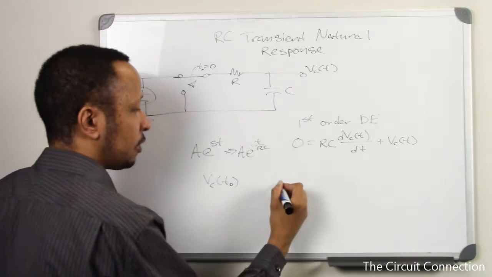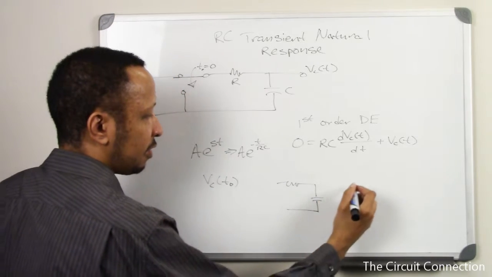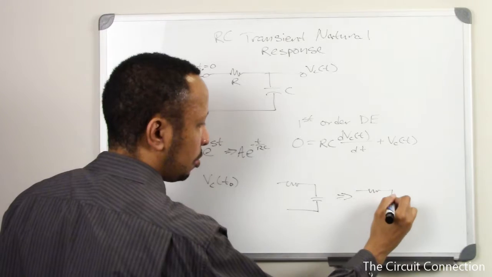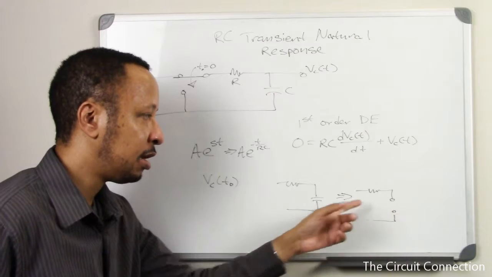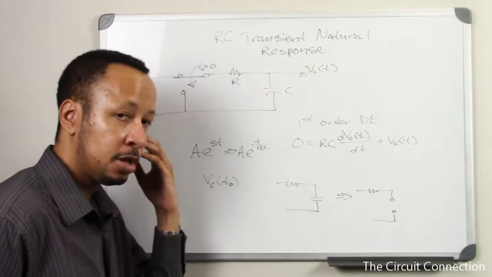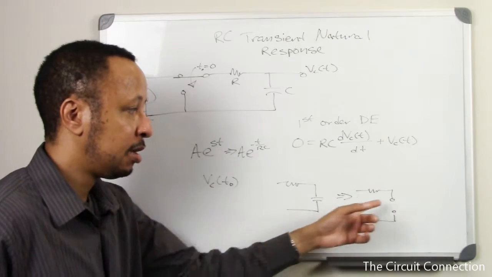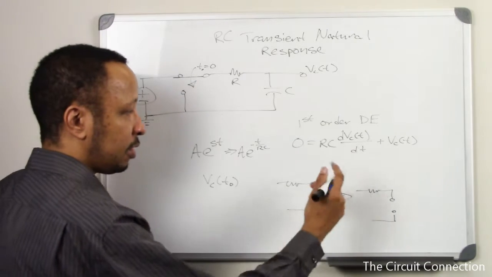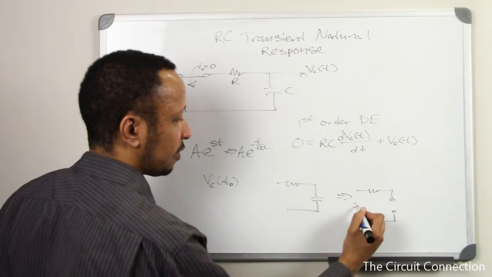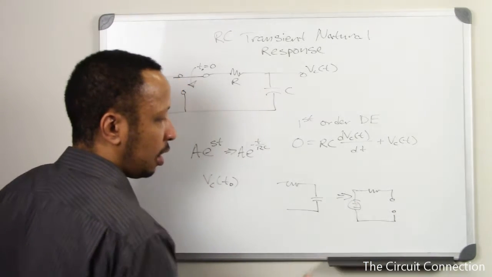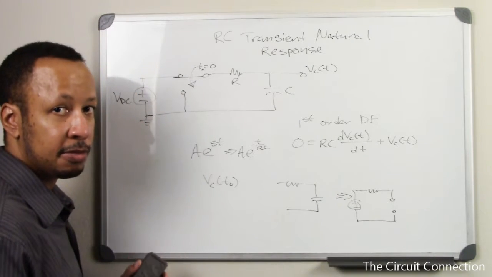Well, why? Because over a long period of time, this is eventually going to be an open. If that's an open, you can use the voltage divider formula to conceptualize that it's going to be infinite resistance, and so the total voltage drop, all of your voltage source, is going to be across that capacitance because effectively it's an open.